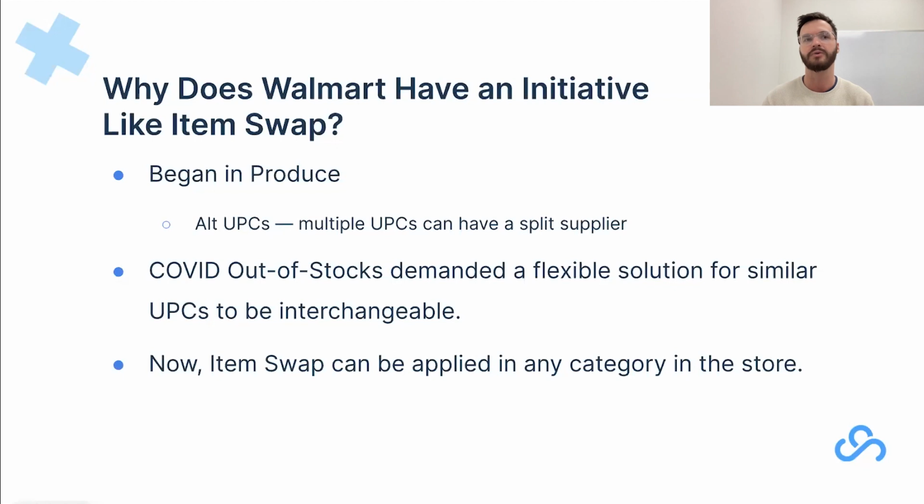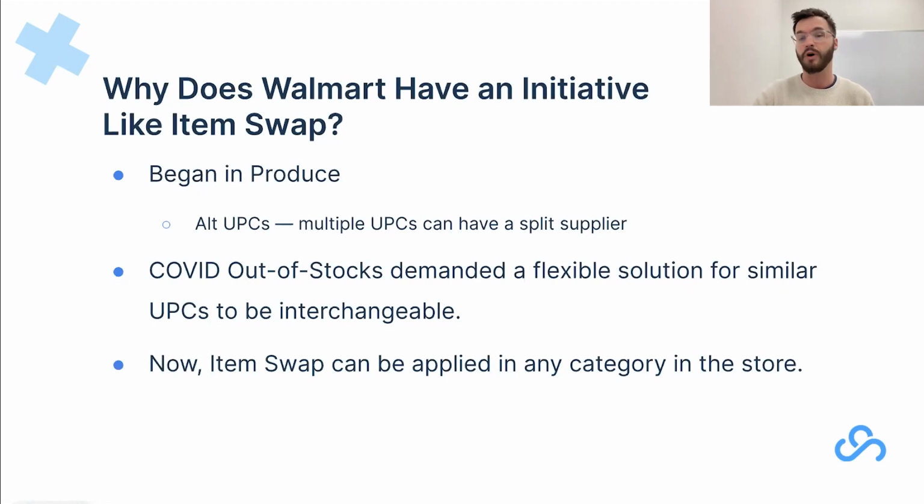How can we make sure that whenever one item is completely sold out, we can at least make sure that the shelves are well stocked and that Walmart customers are not walking into the situation that a lot of us had at the beginning, where the toilet paper section of Walmart is completely vacant? So that started creating a lot of other conversations in the retail supply chain world, and created the need for a lot of different changes.